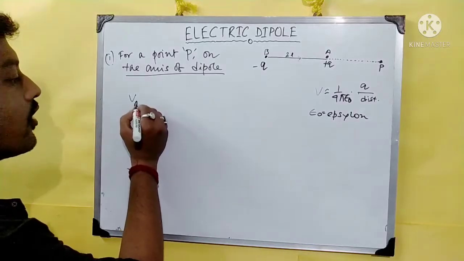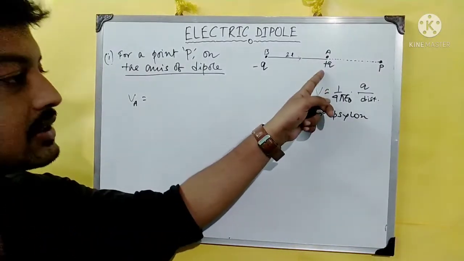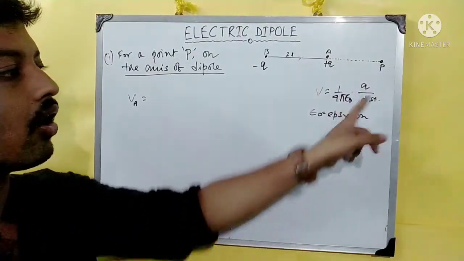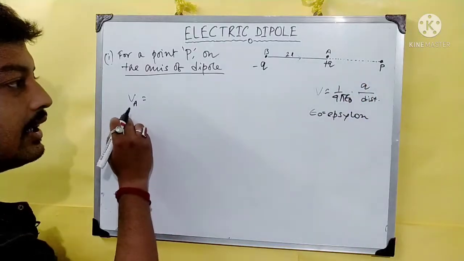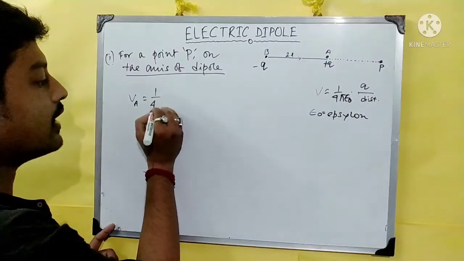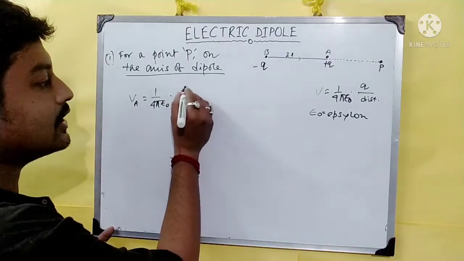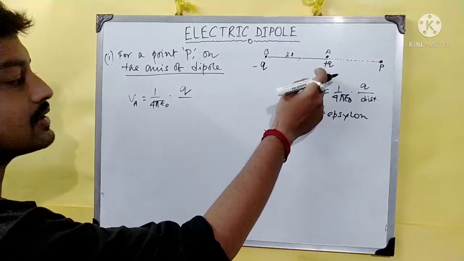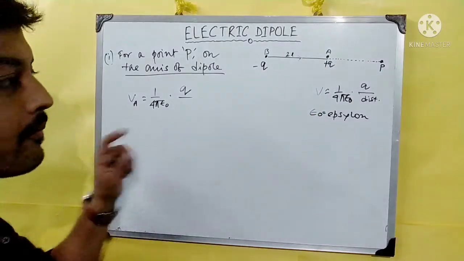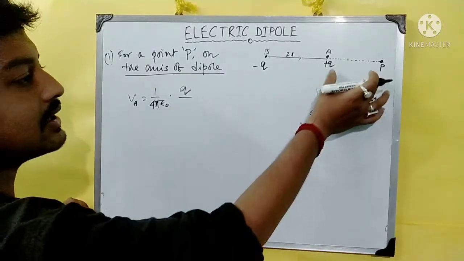So for the positive charge at position A, the potential at point P will be VA and its expression will be 1 by 4 pi epsilon 0 into plus Q, as the charge is plus Q at position A, by the distance.